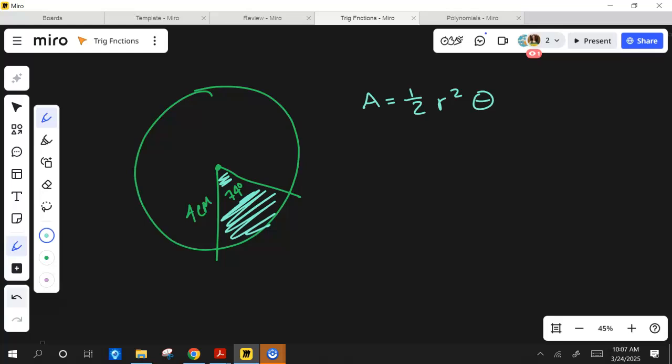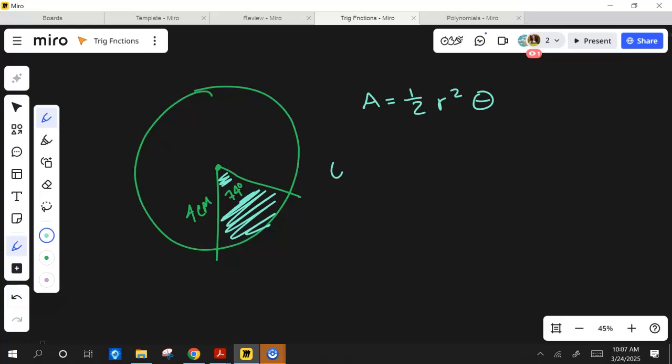That's in degrees. See the little degree symbol there? But yes, I need it to be in radians. Yes, but you got to square it. All right, let's go. We'll do this one together and then I'll give you one on your own.